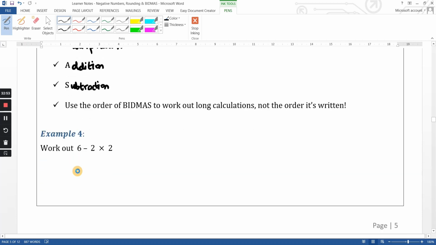So 2 times 2 is 4. So technically I've got 6 minus 4 for my next line. And now there's just one thing left to do, which is 2. If you don't get 2 as your answer, you've gone wrong somewhere and you've not used BIDMAS. If you type this in your calculator, you should get 2 as well, because it does the same.